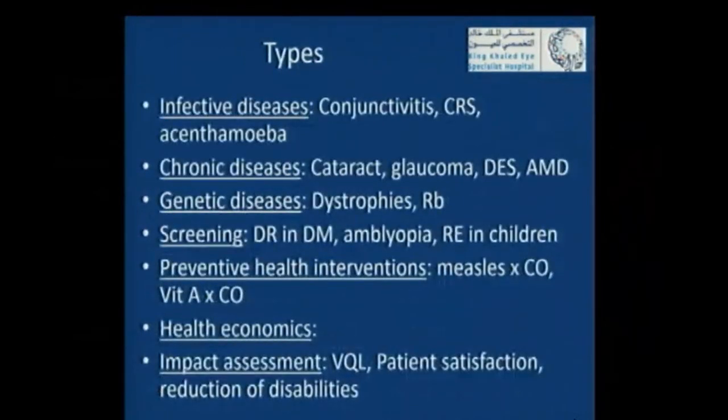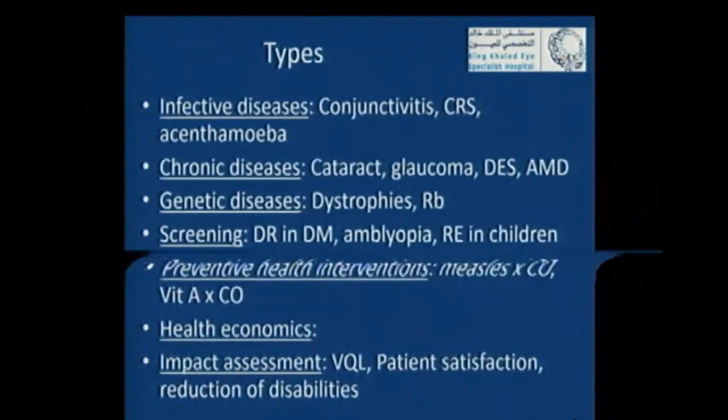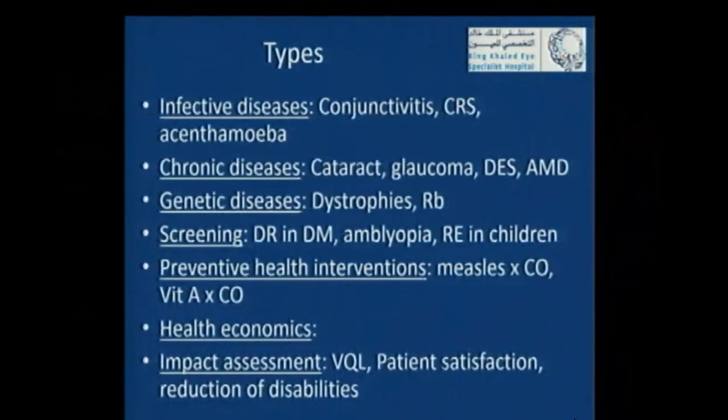Different types of epidemiology sub-branches have come out now because medicine is fast progressing and diversifying. So diseases of infectious nature, when you are dealing with them, it is also the epidemiology of infectious disease. As far as ophthalmology is concerned, we are talking about conjunctivitis, congenital rubella syndrome, and amoeba manifestations.